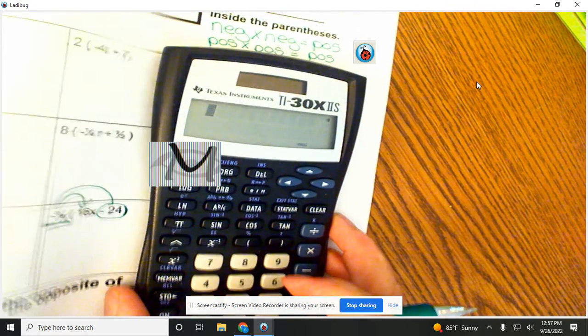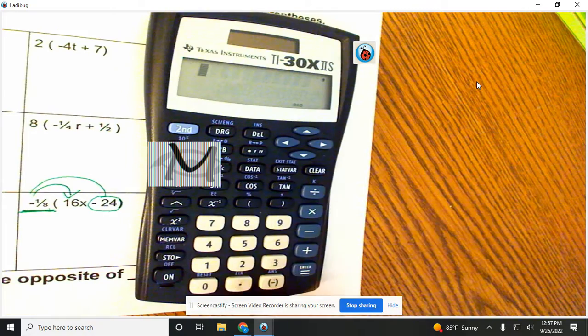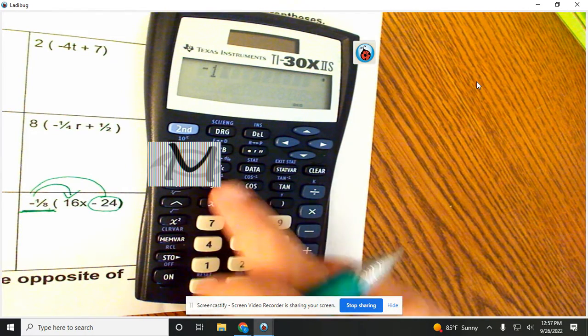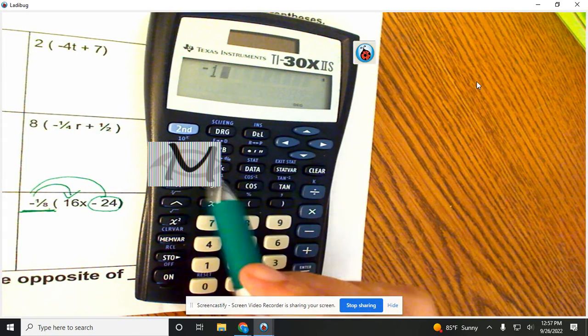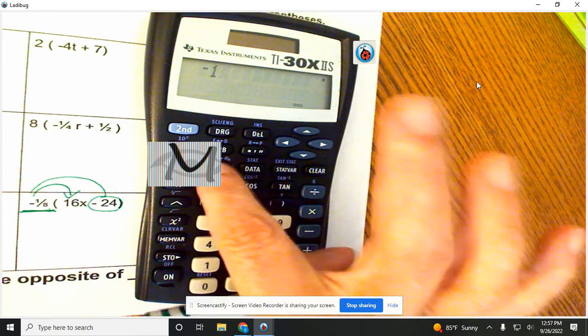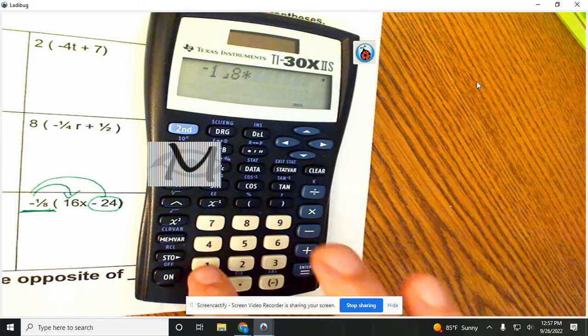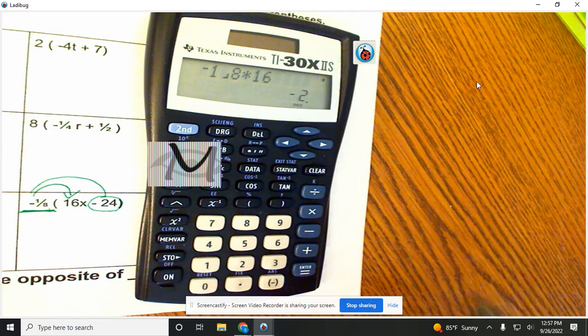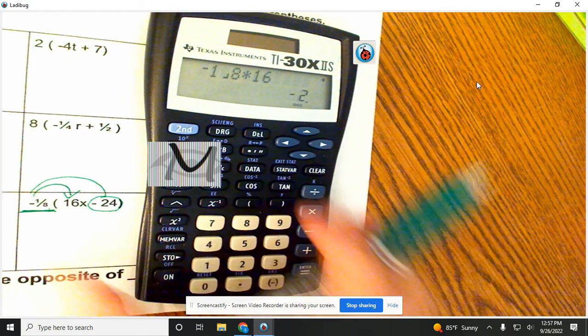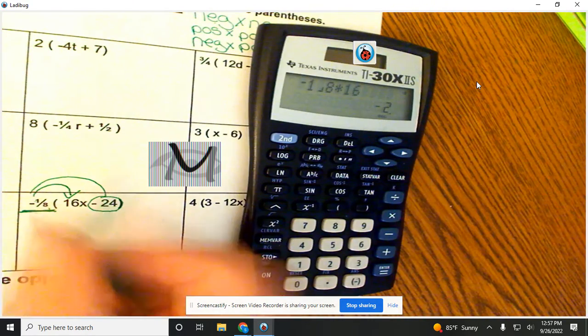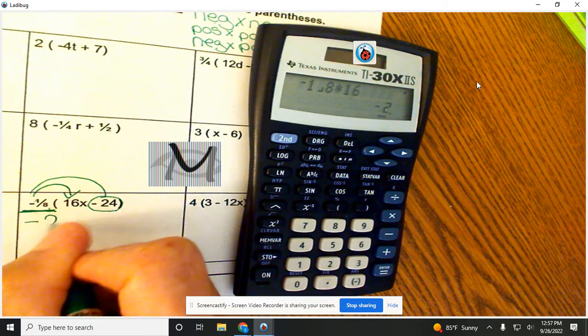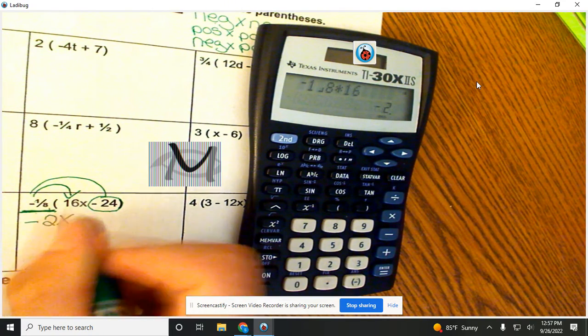We're going to set it up as negative 1, and then we're going to go over here to that a b/c, and that is our fraction button. And we're going to put 8, and we're going to multiply that by 16, which is going to give us a negative 2. So over here, we're going to put a negative 2x.